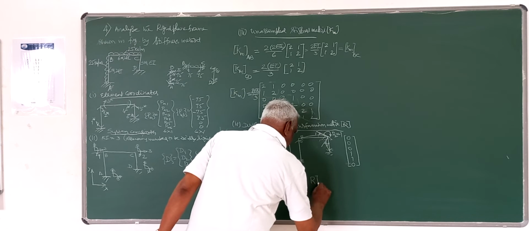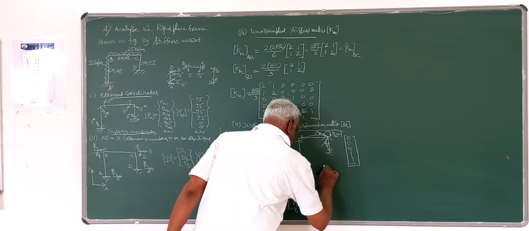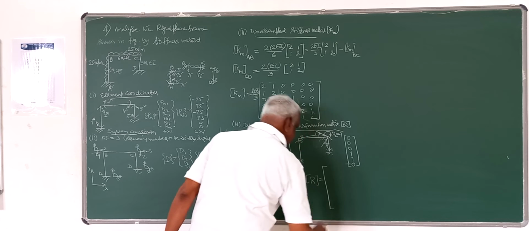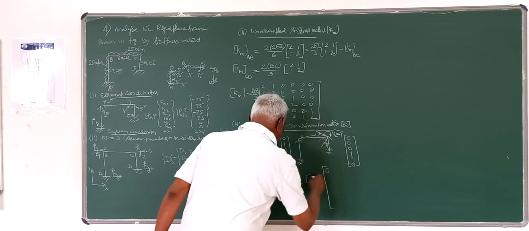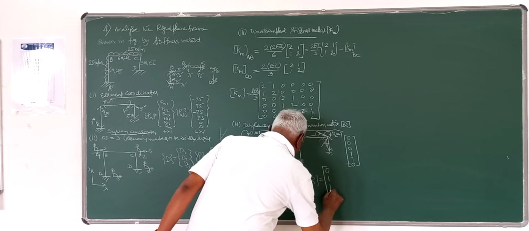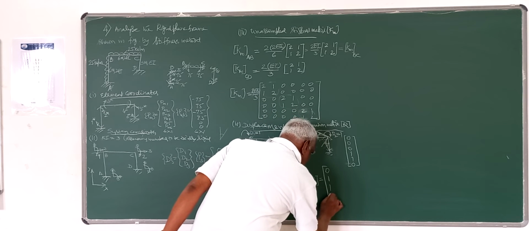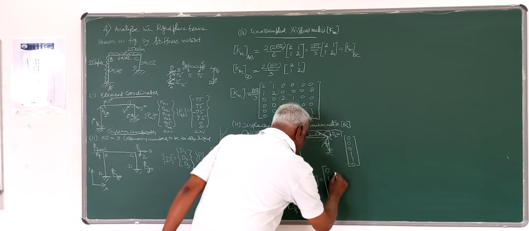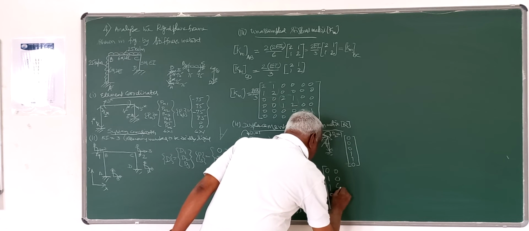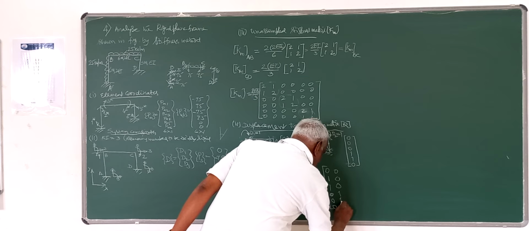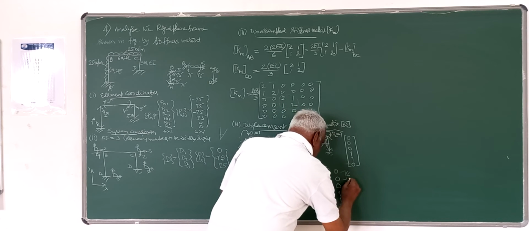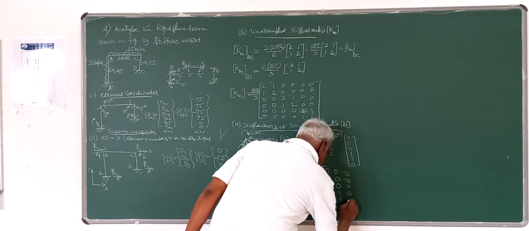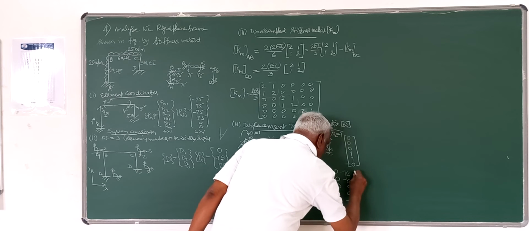So therefore, this rotation or transformation matrix for this is: you assemble all these, 0, 1, 1, 3 zeros, and here 3 zeros, 1, 1, 0, then minus 1 by 6, minus 1 by 6, 0, 0, minus 1 by 3, minus 1 by 3.